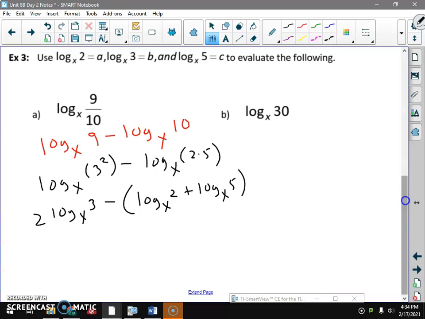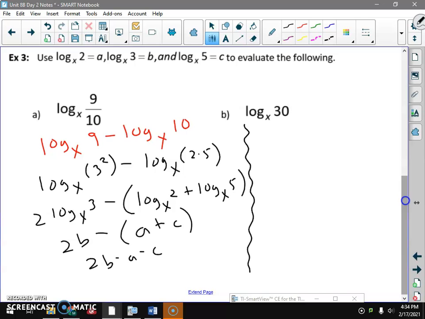Now and only now can I plug the a's, b's, and c's back in. 2 log base x of 3 is now 2b minus parentheses a plus c. If you want to distribute through the negative, you can. 2b minus a minus c. Let's do it again.